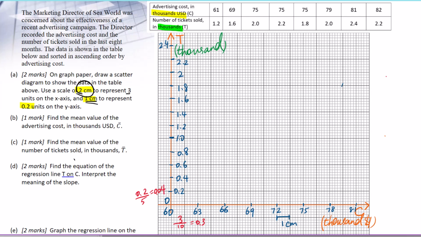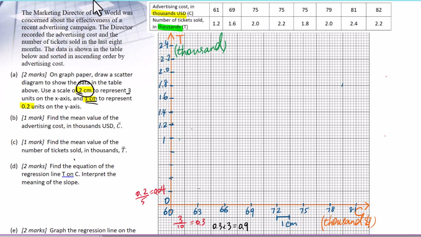Let's plot the points. 61, 1.2. For 61, each small box stands for 0.3, since 0.3 times 3 equals 0.9. So from 60, 61 will be between the third box and the fourth box.